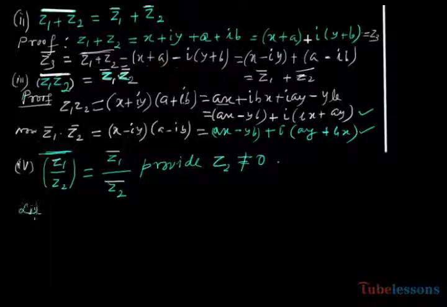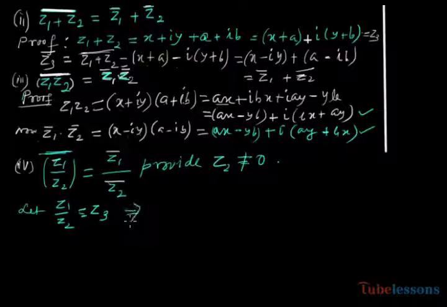First, let Z1 by Z2 be another complex number Z3. Now this implies Z1 is equal to Z2 into Z3.